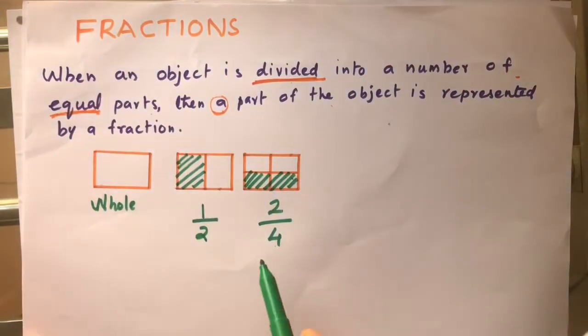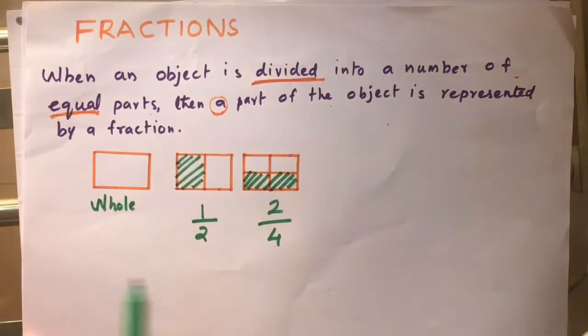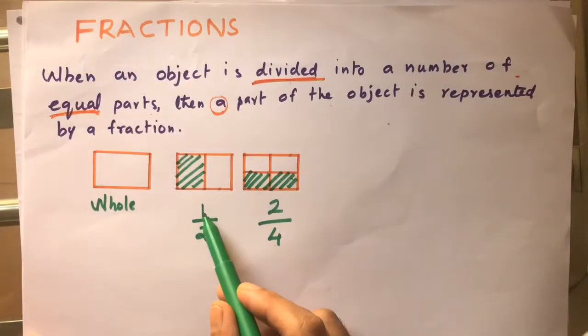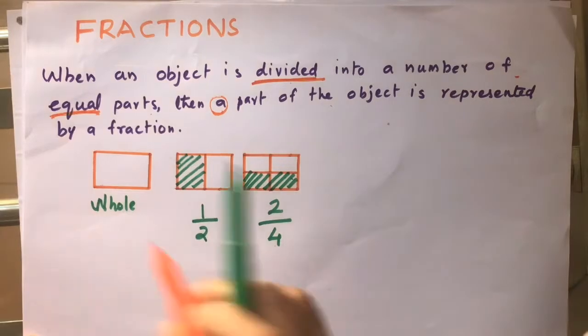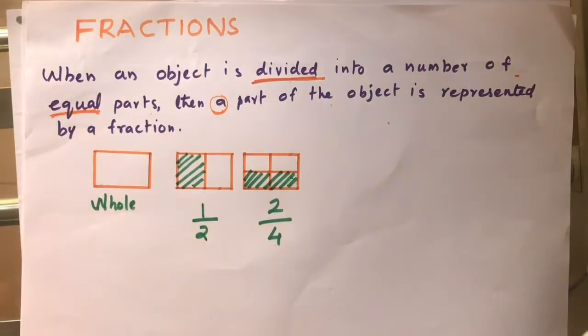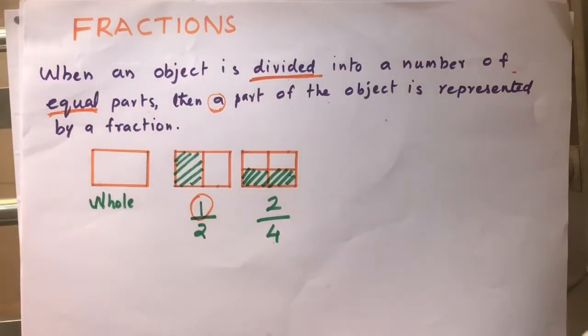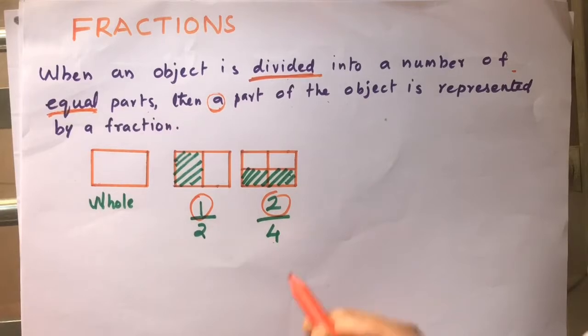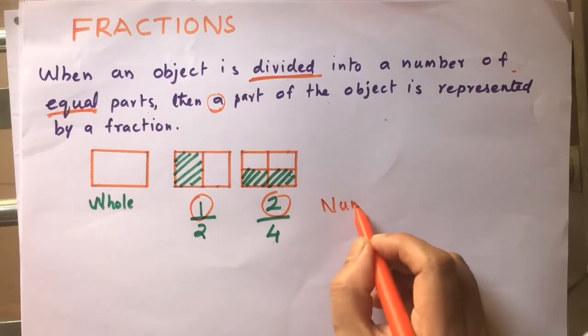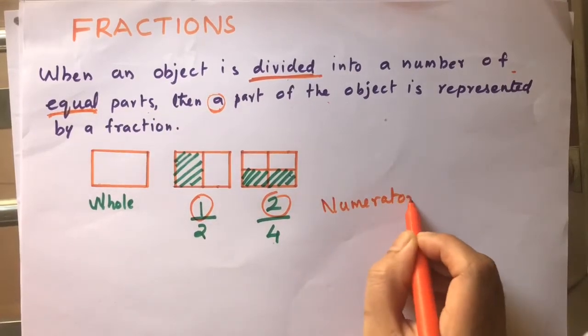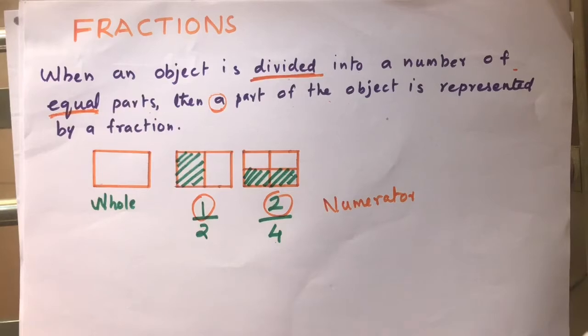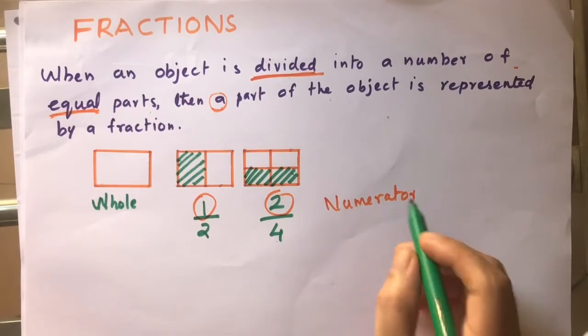The number on the top of the fraction is called the numerator. Here 1 and 2 are called numerators.